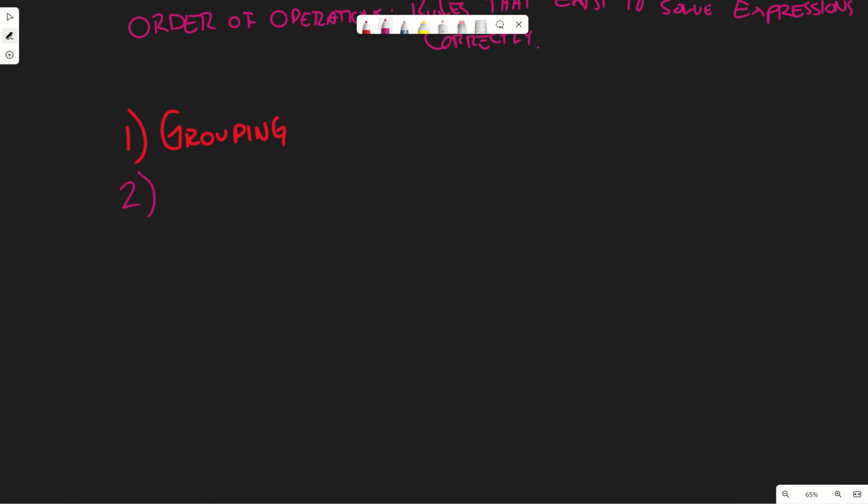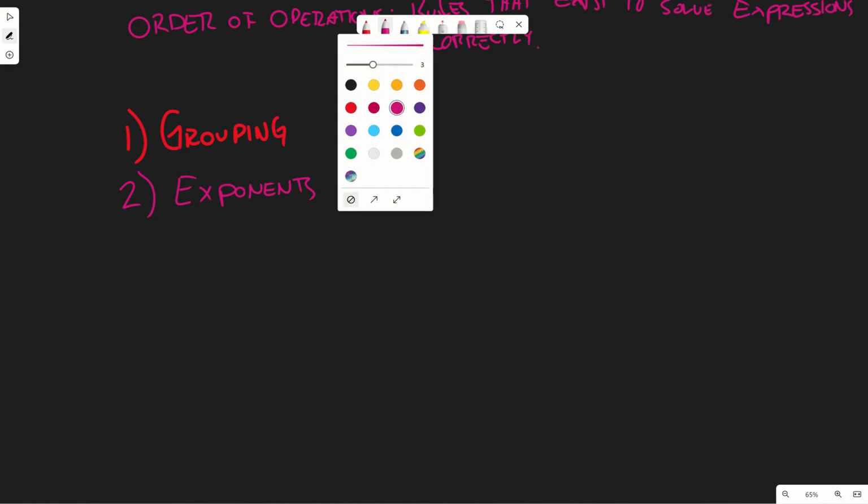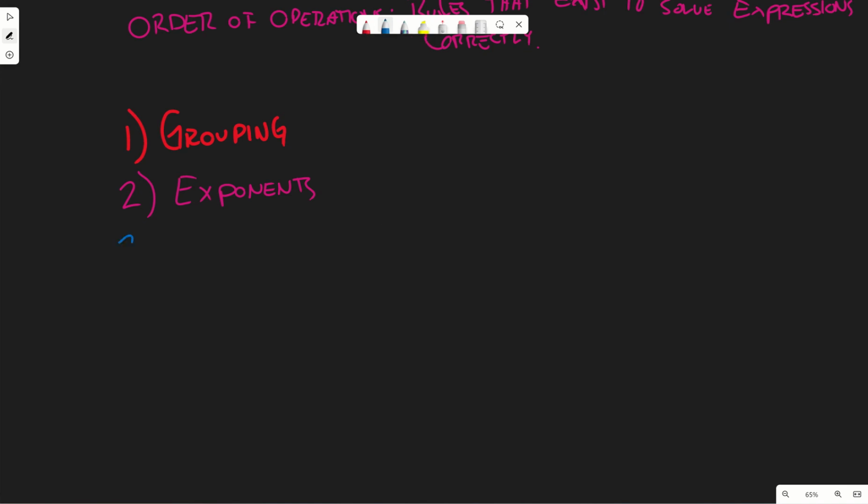Second, we want to solve any exponents. We want to solve out any kind of exponents that exist. Third, we want to do any kind of multiplication and division from left to right.